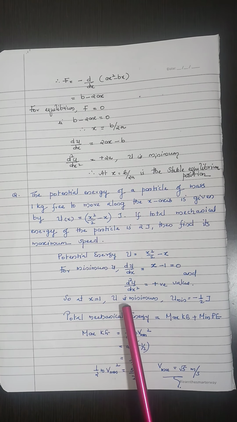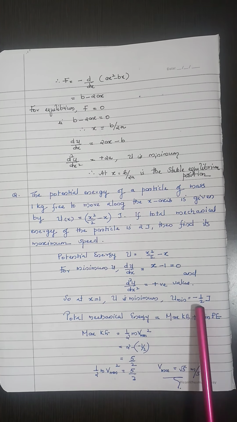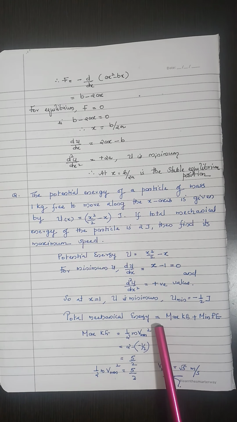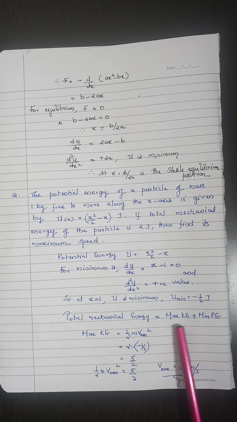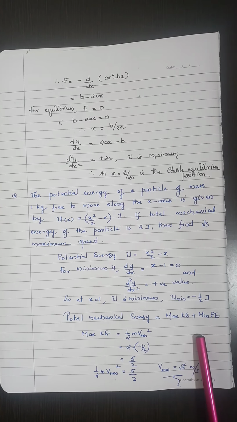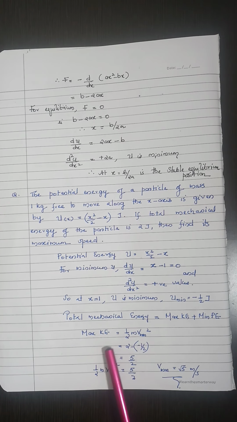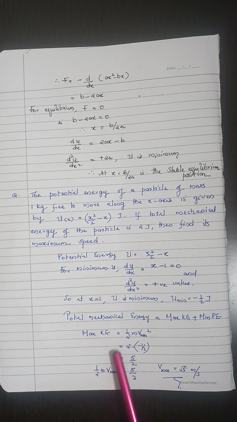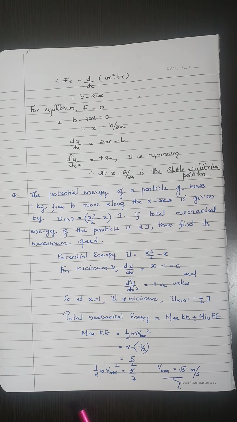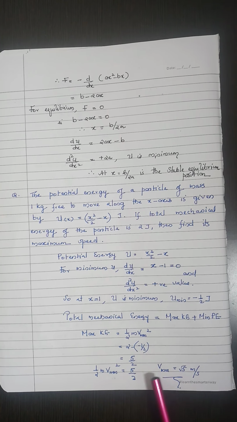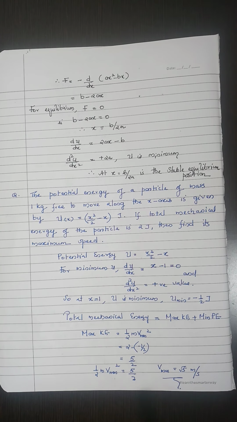At x equal to 1, U becomes minimum and you get the value minus half. The total mechanical energy is the maximum kinetic energy plus the minimum potential energy. So by substituting, the maximum kinetic energy equals the total mechanical energy minus the potential energy, and you get the maximum velocity as √5.